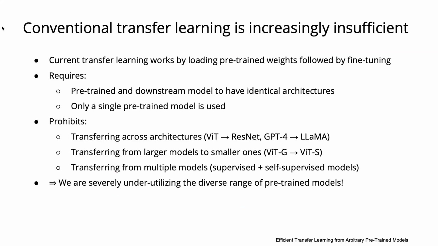There are several drawbacks for the current transfer learning paradigm. Current transfer learning works by loading the pre-trained weights followed by fine-tuning. However, it requires the pre-trained model and the downstream model to have an identical architecture.